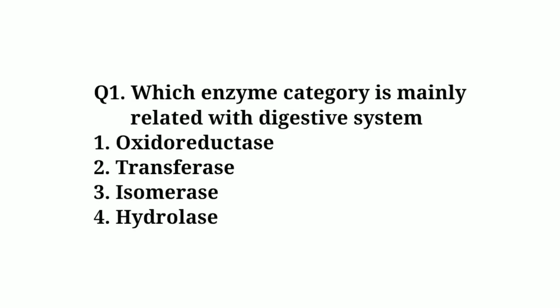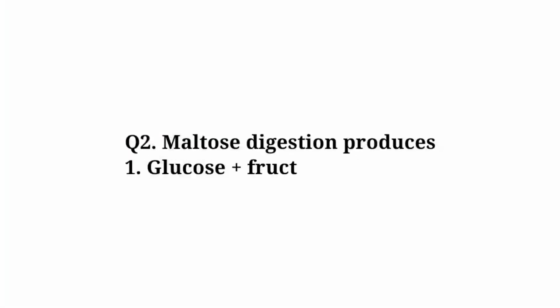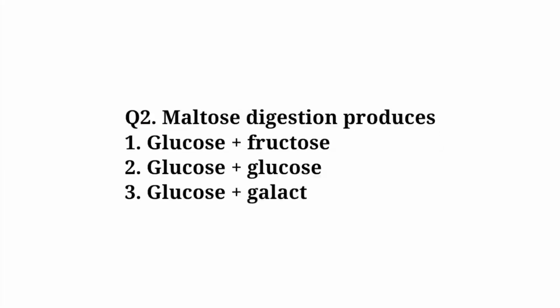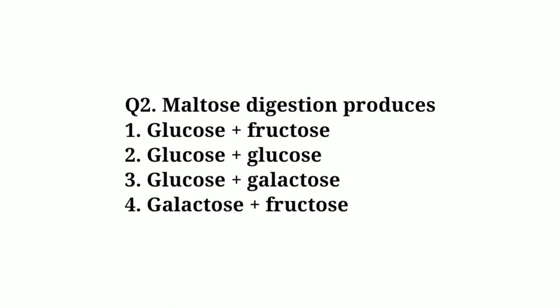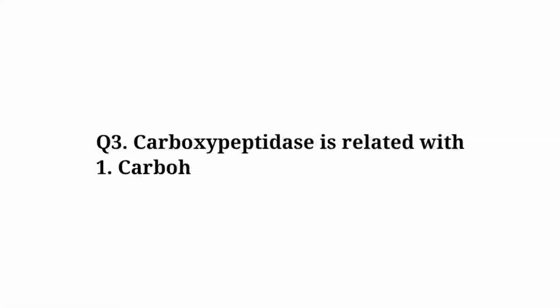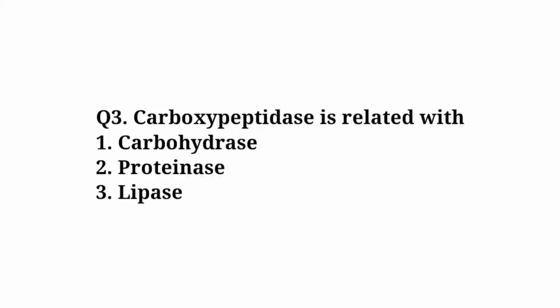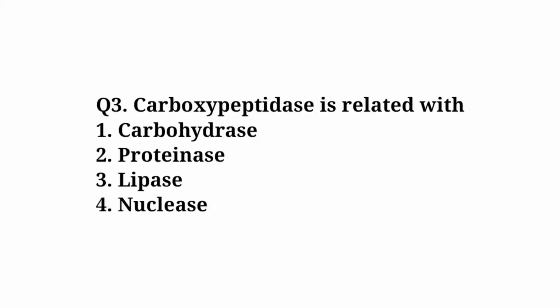Oxidoreductase, transferase, isomerase, or hydrolase. Question number 2: Maltose digestion produces glucose plus fructose, glucose plus glucose, glucose plus galactose, or galactose plus fructose. The third question: Carboxypeptidase is related with carbohydrase, proteinase, lipase, or nuclease.